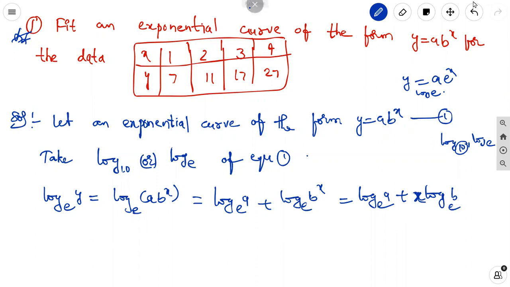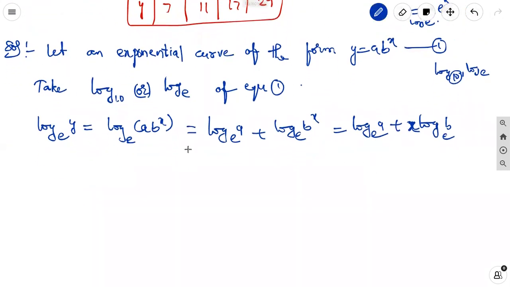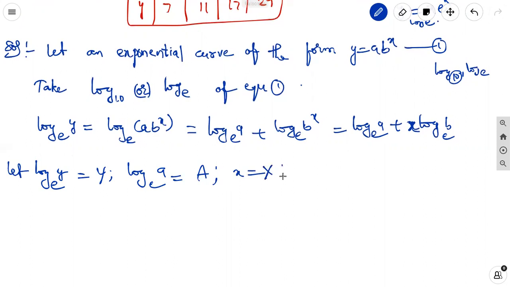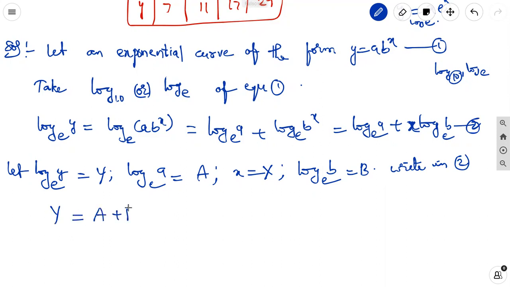We take log y base e equal to capital Y, log a base e equal to capital A, small x equal to capital X, log b base e equal to capital B. Write in the second equation: capital Y equal to capital A plus B X.